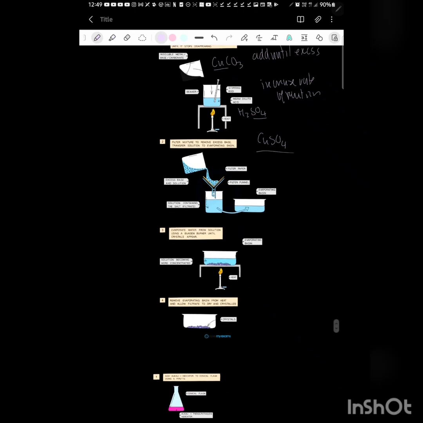So then you filter it out to get rid of all this excess, because you want your CuSO4, which is going to be a liquid. So your excess CuCO3, which is your copper carbonate, is your residue, and then your filtrate will be CuSO4, copper sulfate.